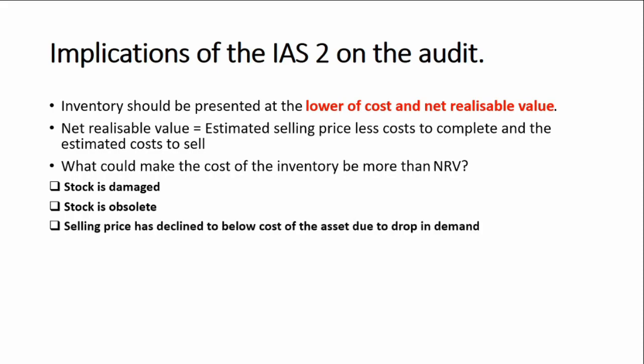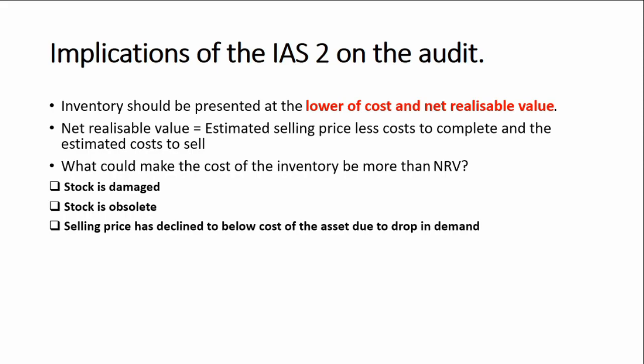What might cause doubt about something's net realizable value? Well, if a specific product is damaged or not being used because of new technology, then we'd say that product is damaged or obsolete. Or if the product is heavily based on market prices.